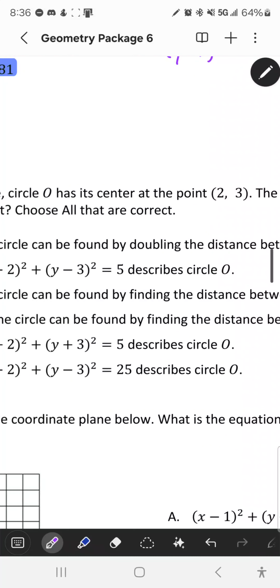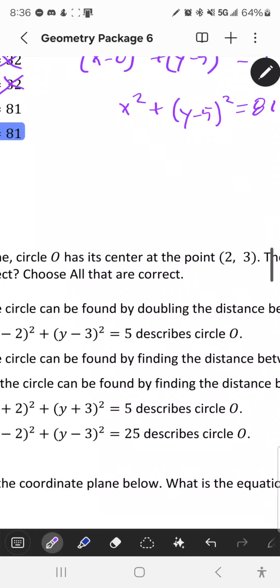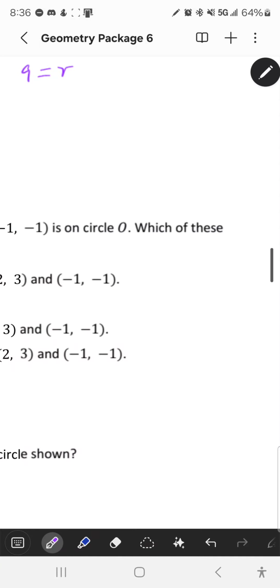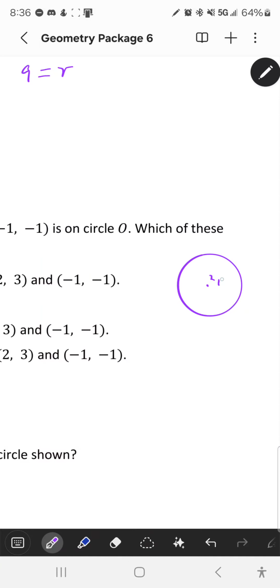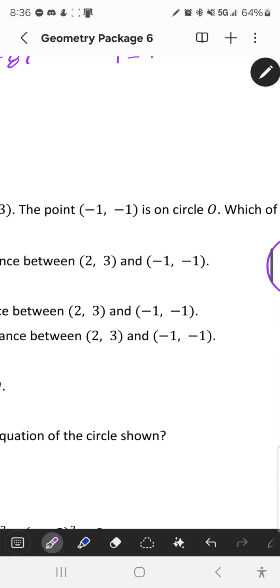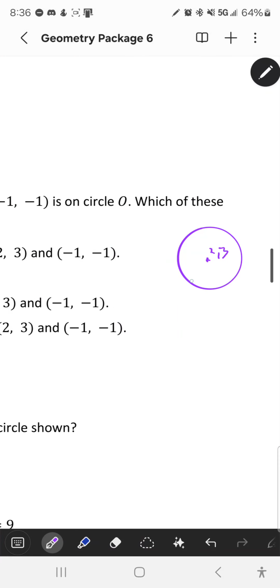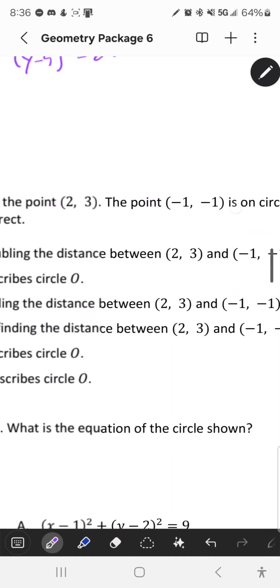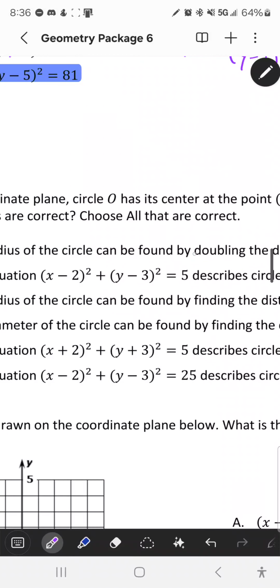That's false. Remember, they're basically saying the circle is something like this. This is 2, 3, which is the center, and somewhere over here is negative 1, comma 1. This right here is the radius. If we double the distance, we get the diameter.